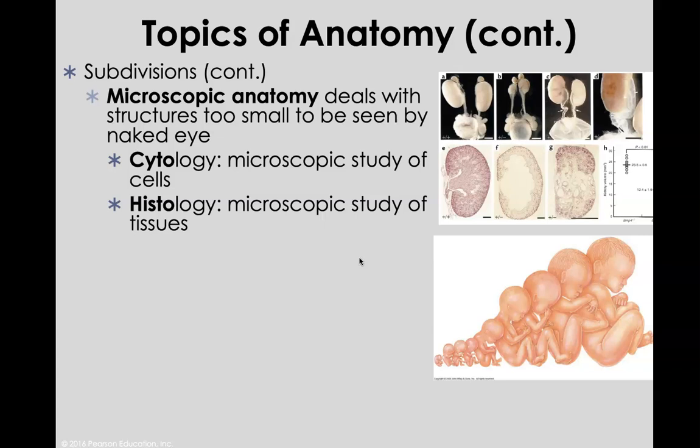So in terms of how we can understand something like the kidneys and how the kidneys function to produce urine as this waste product, we really have to understand what's going on at the cellular level inside those kidneys. And so again, we really need to look at the microscopic anatomy.